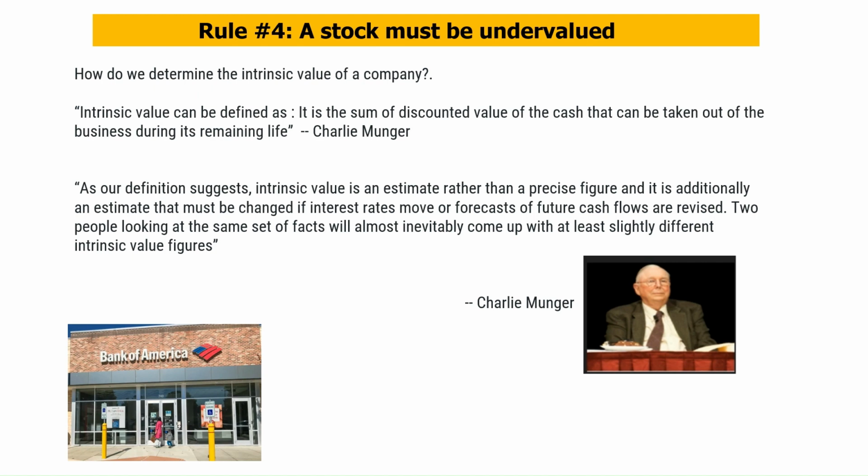Two people looking at the same set of facts will almost inevitably come up with at least slightly different intrinsic value figures, because it is really dependent on the parameter values they enter here, which depends on their approach, either aggressive or conservative. But in the end, this is one way of estimating the fair value or intrinsic value of a stock or a company.